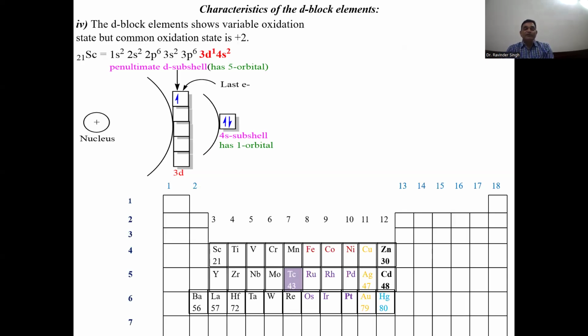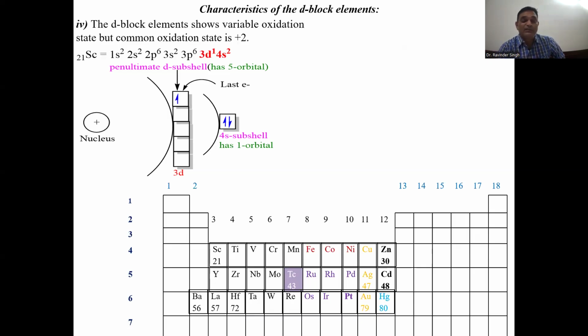After that, the next series in the d block: the first series ranging from scandium to zinc, the second series ranging from yttrium to cadmium, and the next element in the periodic table, which is present just below yttrium, is lanthanum, whose atomic number is 57. But the next element after lanthanum is hafnium, atomic number 72.